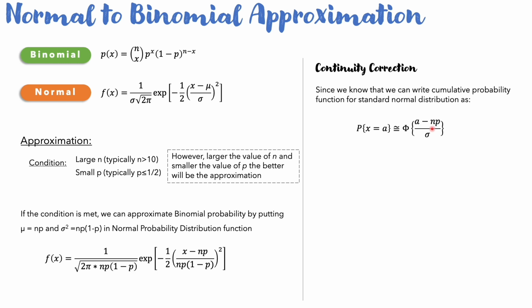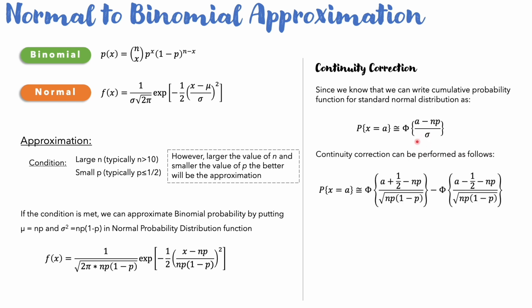And mu, we know that mu is equal to np, right, and sigma is sigma here. So in order to do the continuity correction, we extend its value by adding and subtracting 1 over 2 to a, like this.